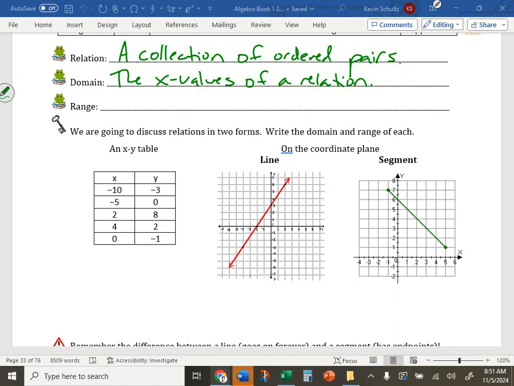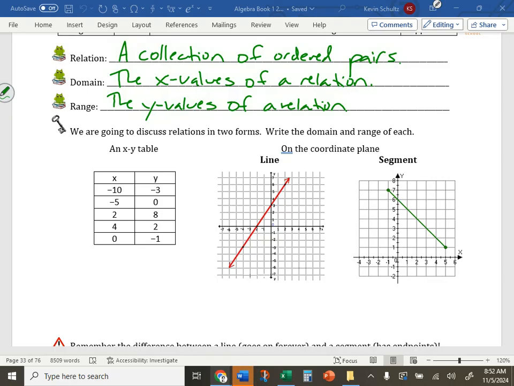It's just that first column, okay? On a line or a segment, you have to look at the graph. But the x values of that relation. What would you guess the range is? The y values of a relation. Okay, the y values of a relation.